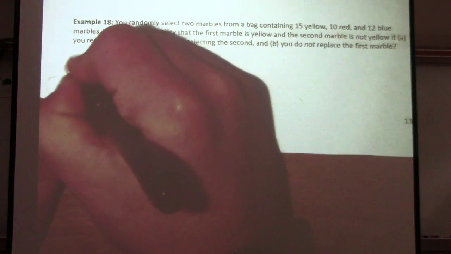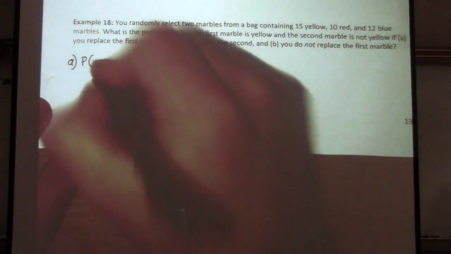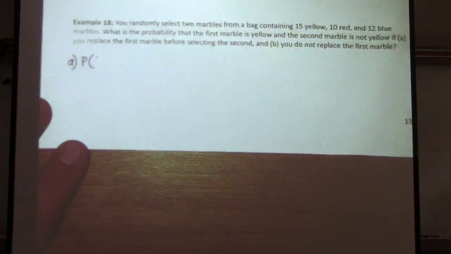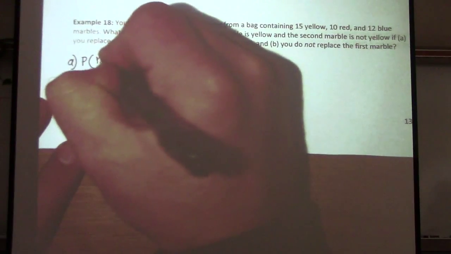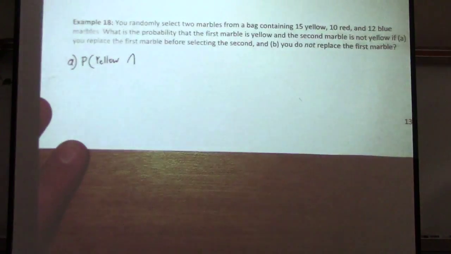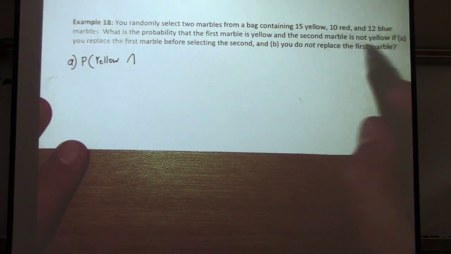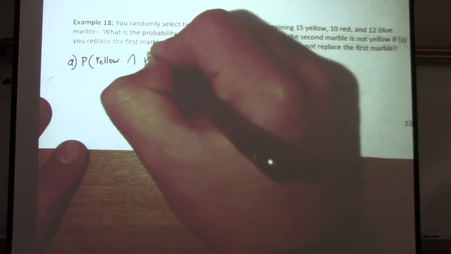Let's do example A first. Probability that the first marble is yellow. So probability of getting a yellow and the second marble is not yellow.